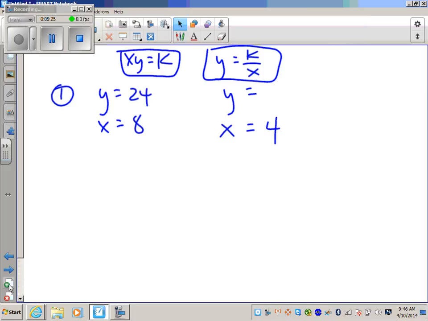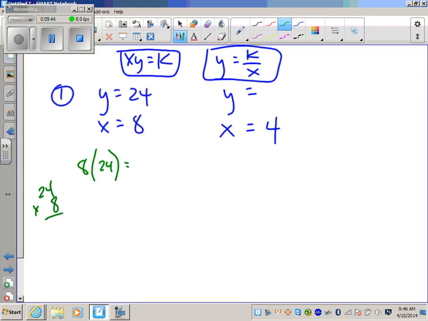All right. So I can find k over here. I can find the constant because I have both x and y. So xy is going to be 8 times 24. And 24 times 8 is 192. Any questions there?